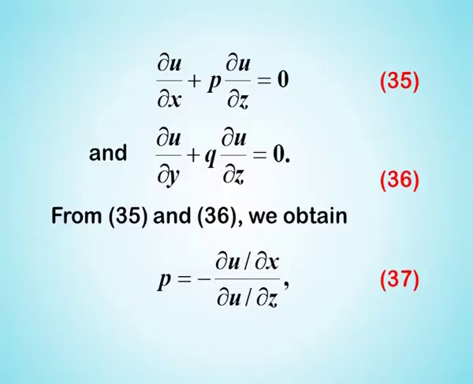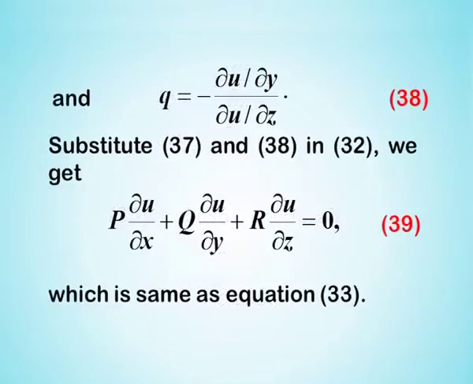Then we have the relations for p and q, with du/dy and du/dz, also very interesting. We substitute 37 and 38 in 32. We get this relation: p du/dx + q du/dy + r du/dz = 0.